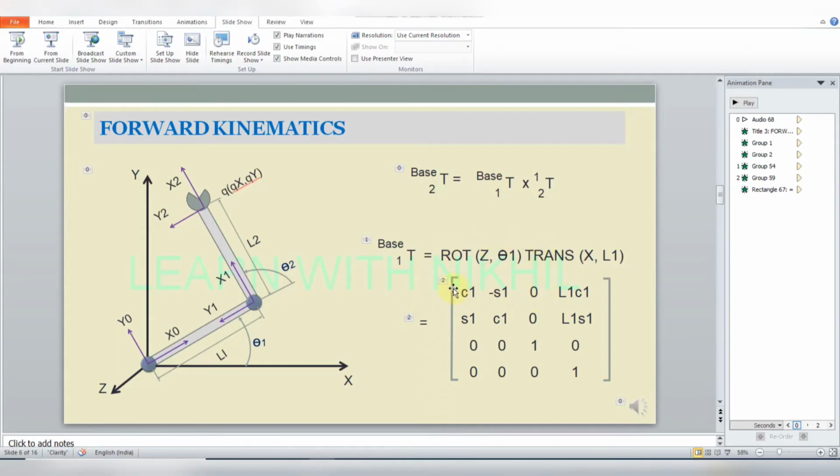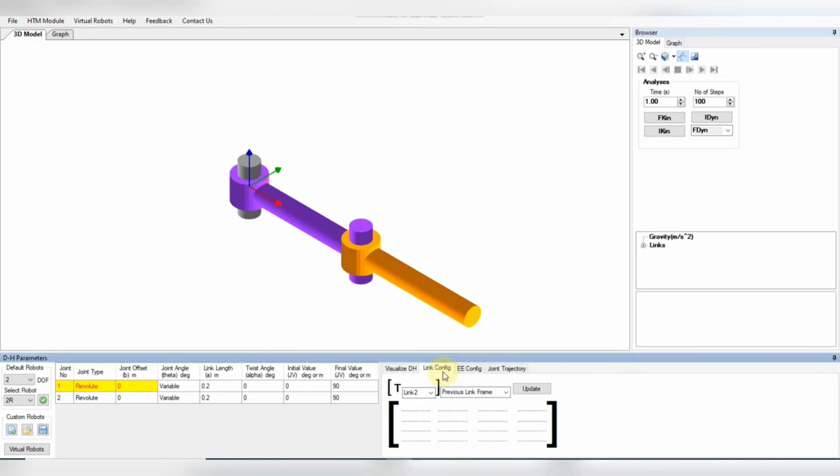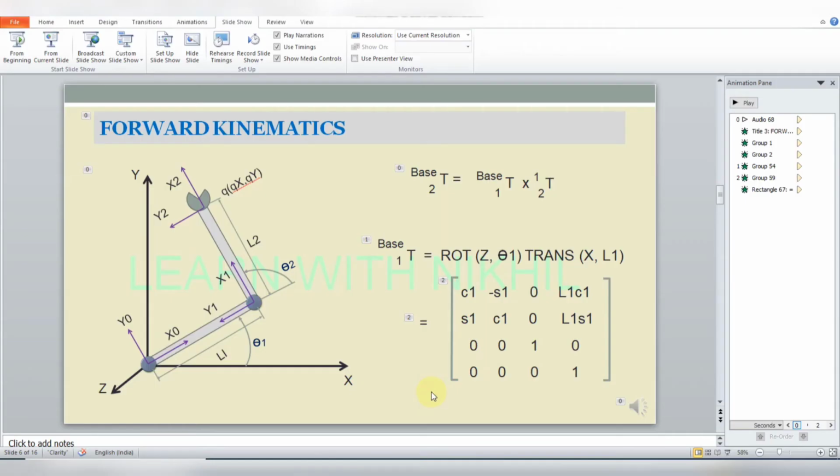Now to find this matrix, you can go to the link configuration. This is the link configuration, and this is T, the transformation matrix. Here you can drop down and select link 1 and link 2. First I have to find the transformation of link 1 with respect to the base. So this is the base and this is link 1.